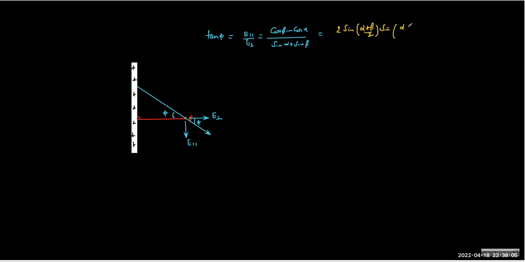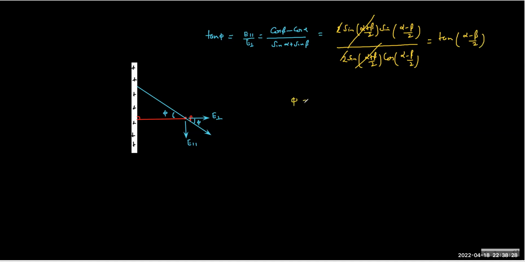And sin c plus sin d is 2 sine of c plus d by 2 into cos of c minus d by 2. So you can see this will cancel out. So what we are left with is tan of alpha minus beta by 2.